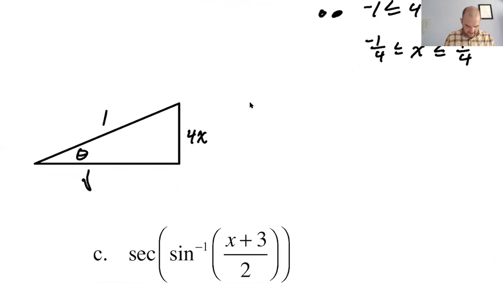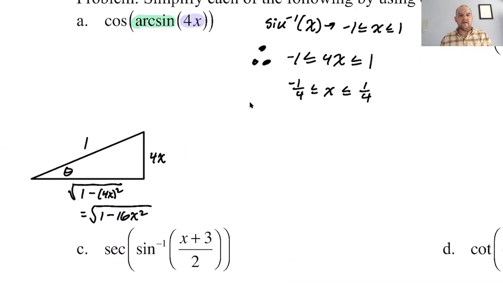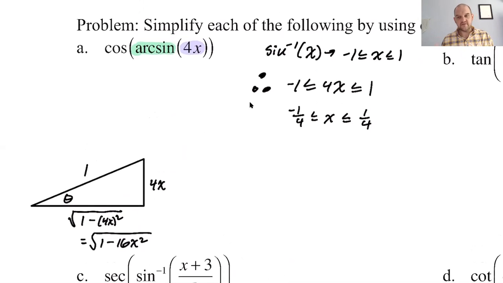So here, the missing side is going to be the square root of 1 squared minus 4x squared. Or you could and probably should just write 1 minus 16x squared. So that's what we get. Now the question becomes, what's the cosine of theta?